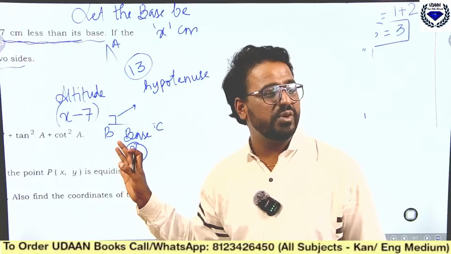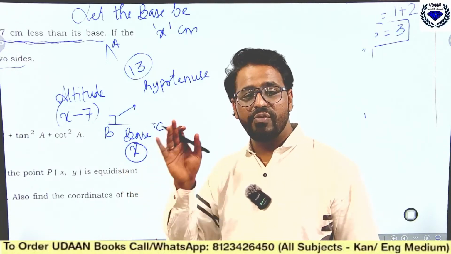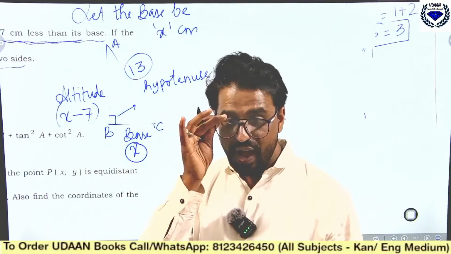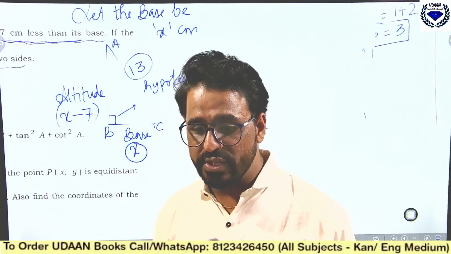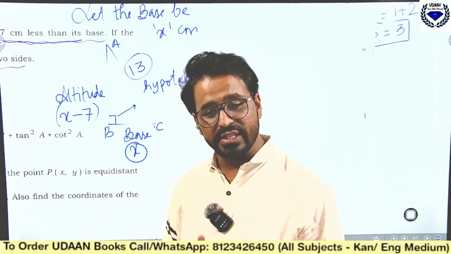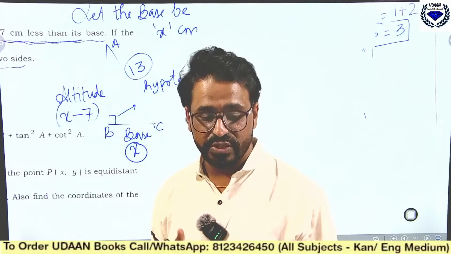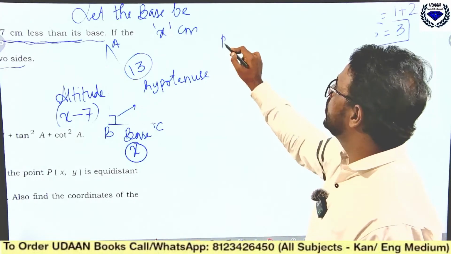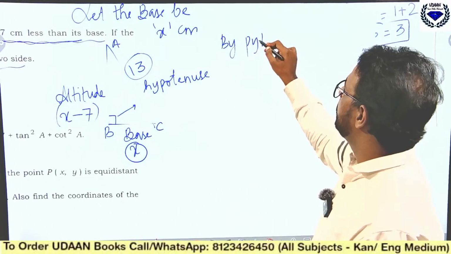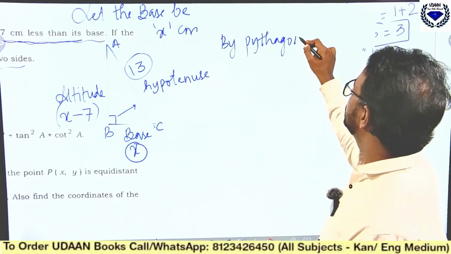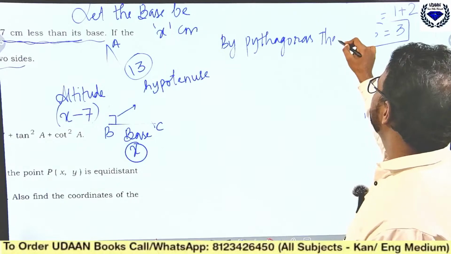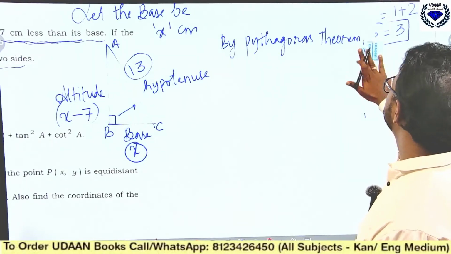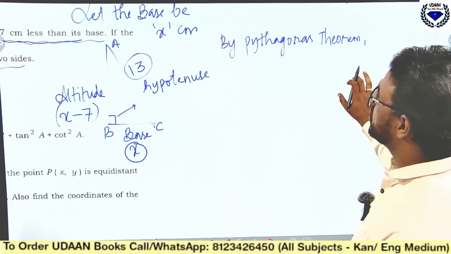Base is 12, altitude is 5, Kundan is telling, nice. Ranjita is telling 12, very good. Others kindly let me know. See, you should use what? Pythagoras theorem. So you should use Pythagoras theorem here. What is the Pythagoras theorem you can expect to solve here?